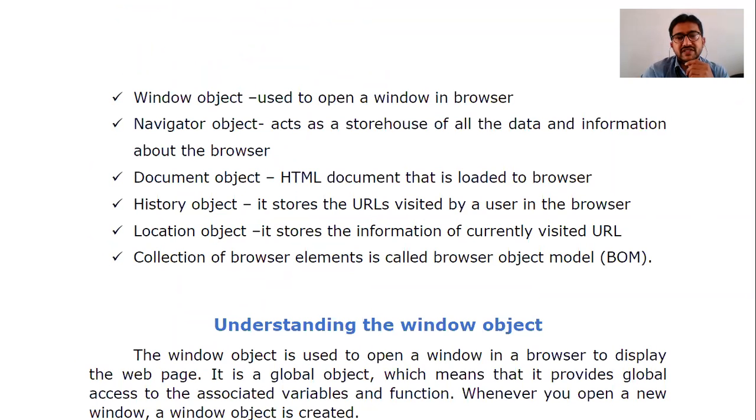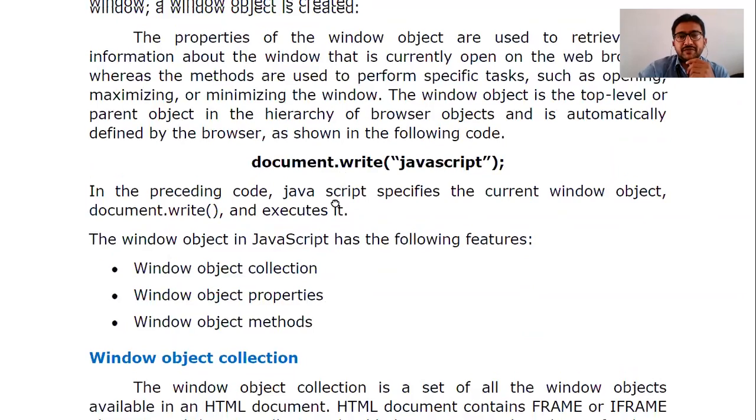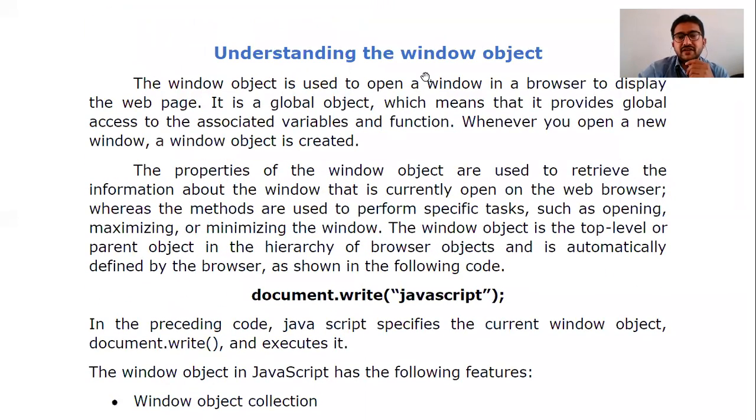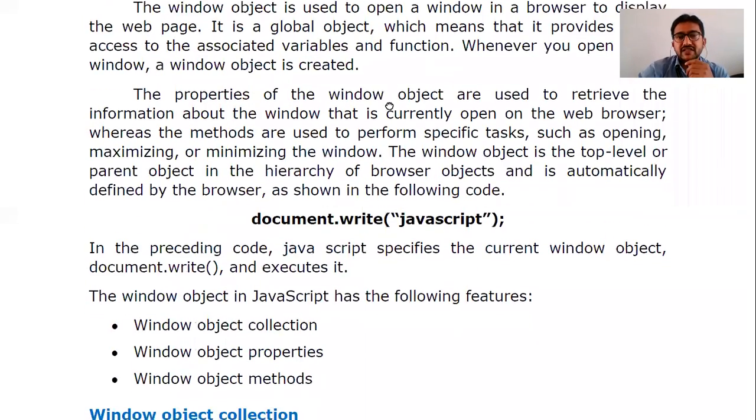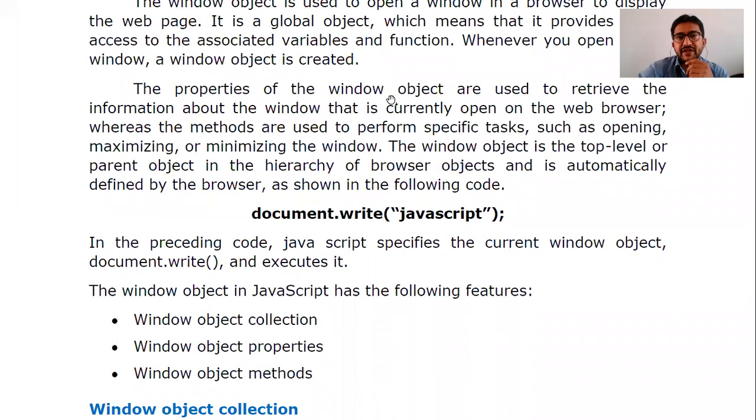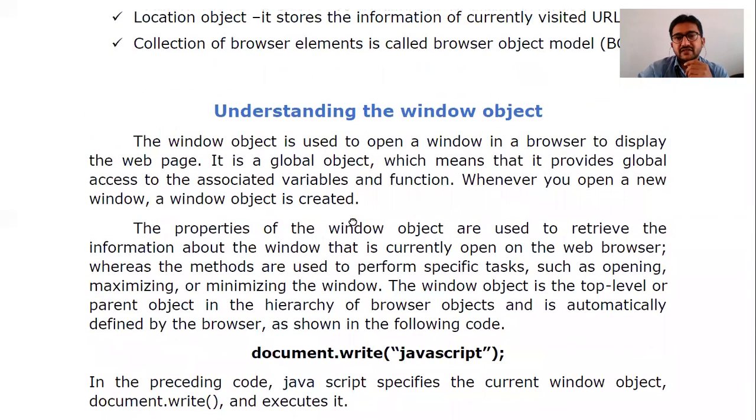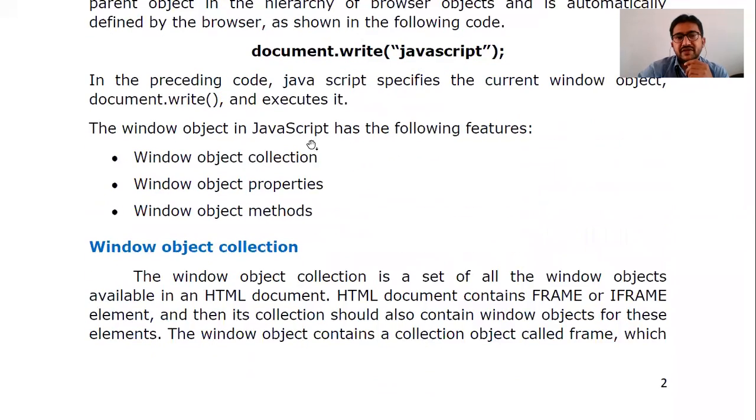Now first, understanding the window object. As I said, for every topic there may be collections, properties, and methods. To access this window object, in this figure we have window object collections, window object properties, and window object methods.